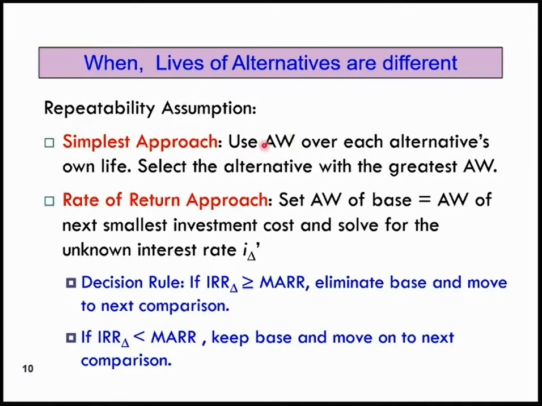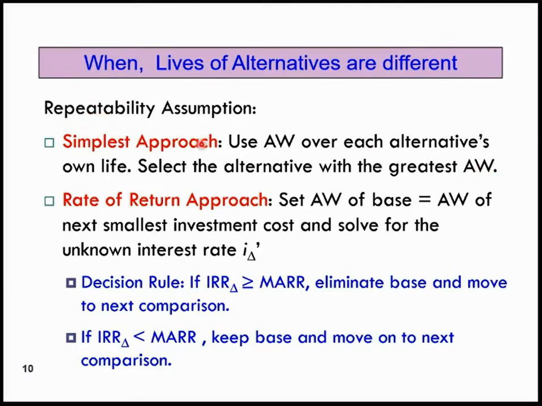So find the annual worth of each of the alternatives in their own life. You don't need to think how many times you are repeating. Just consider each alternative within their own life and find the annual worth, and select the alternative which maximizes the annual worth. Okay, this is the simplest when you use repeatability assumption.